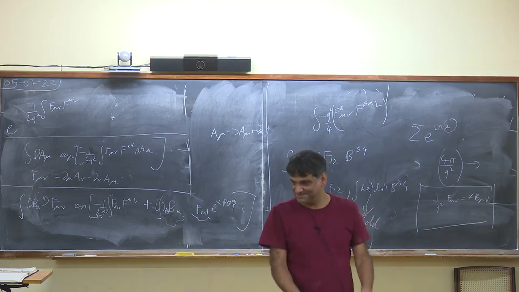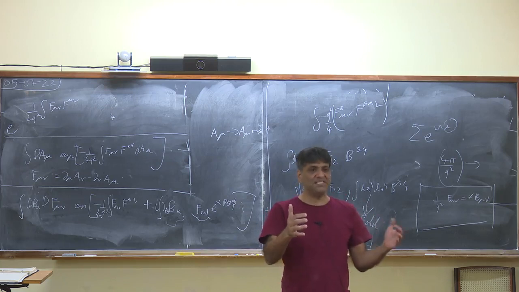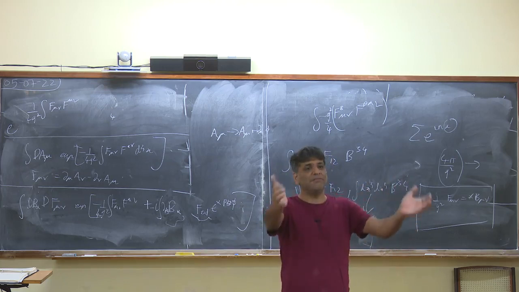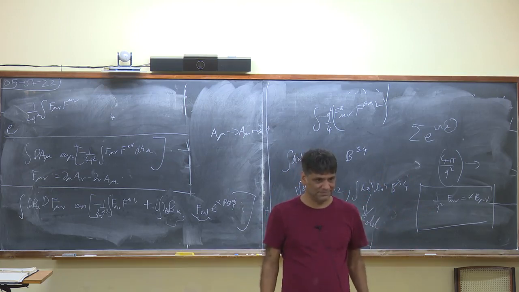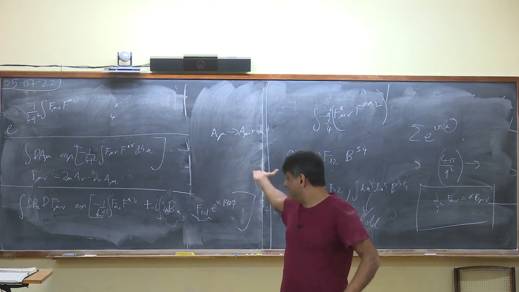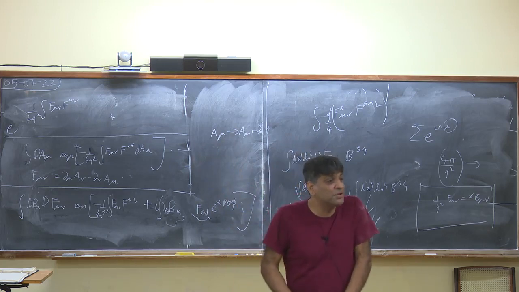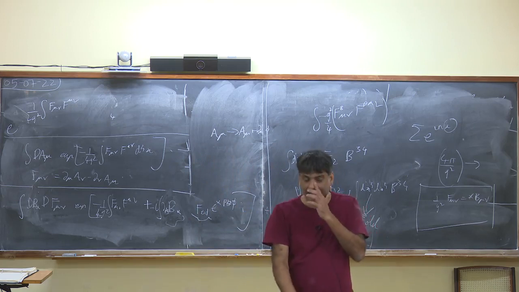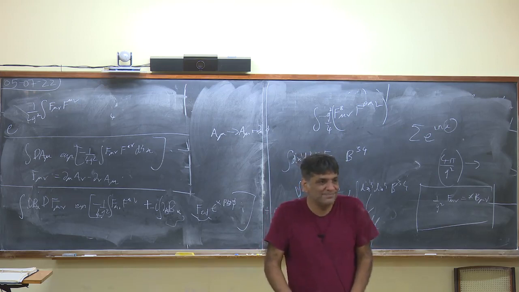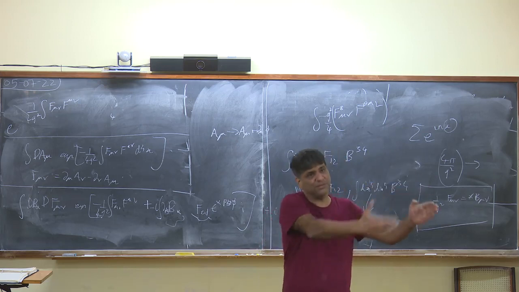Suppose what happens is that there are patches in moduli space where one kind of path integral works, and then there's another patch where another path integral works, maybe in terms of the dual field. And there's an overlapping region in which both work. That's all you need for the continuity of physics.